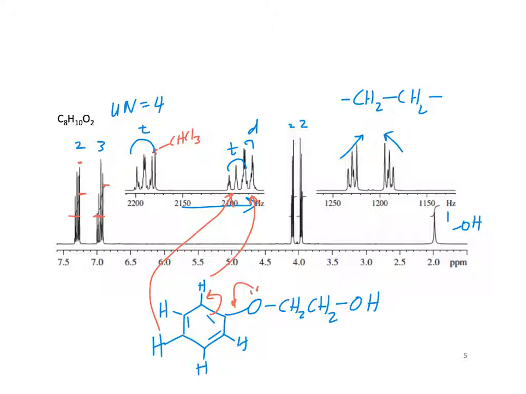And the more downfield ones are these two here that are equivalent. For that side chain, we'd expect those two to both be triplets, but I think it's just because their chemical shifts are close together that they become second order.